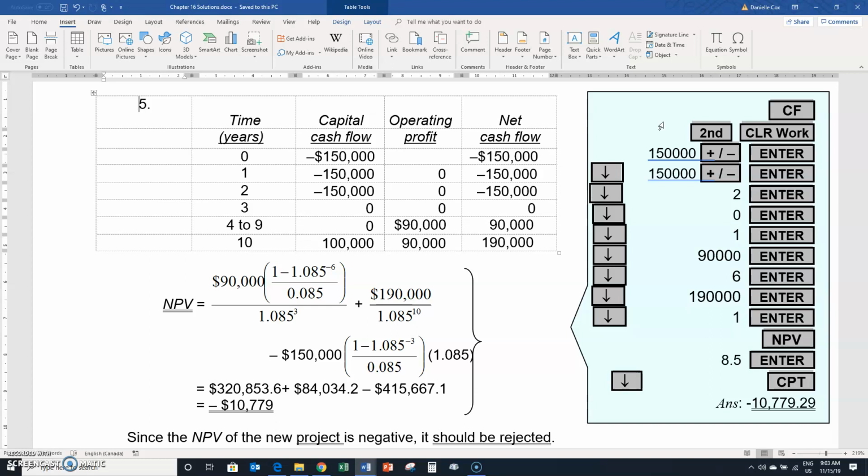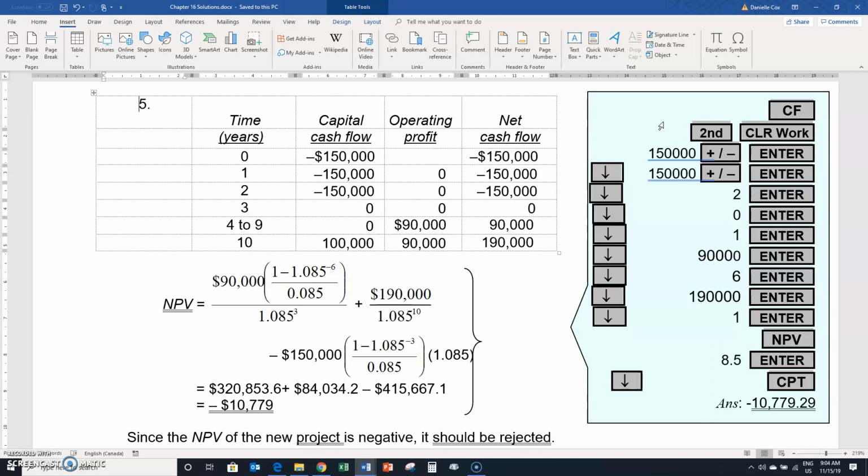Now the negative 150 happened for 3 years, and if you just read that section, you might think that you could just put it in and then make the F key equal to 3. But the first $150,000 cash outflow is your CFO, your initial investment. So you have to put in your initial investment, $150,000 negative, and then enter. You use the down arrow, and then you go to your first cash flow, CO1.